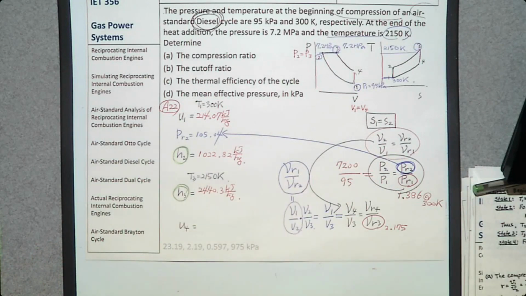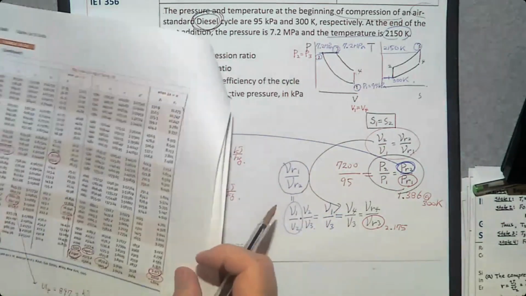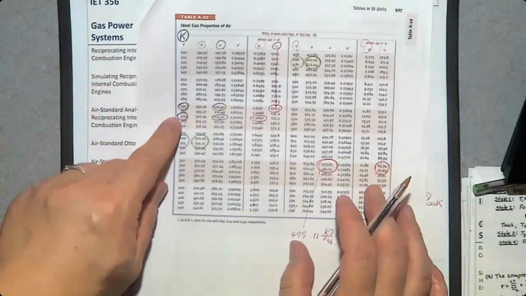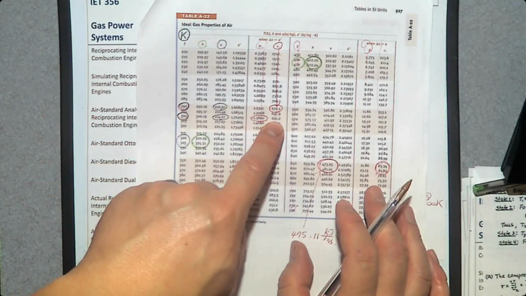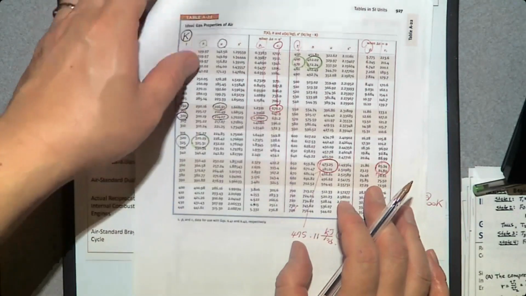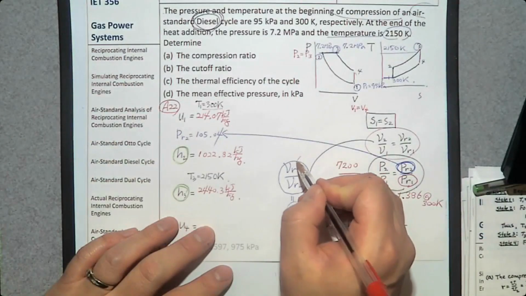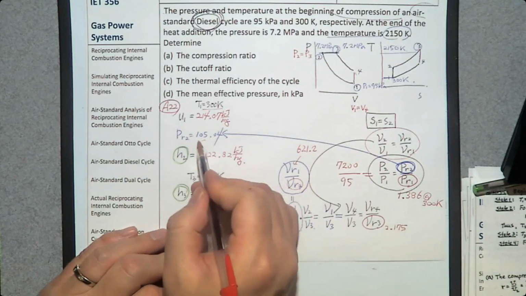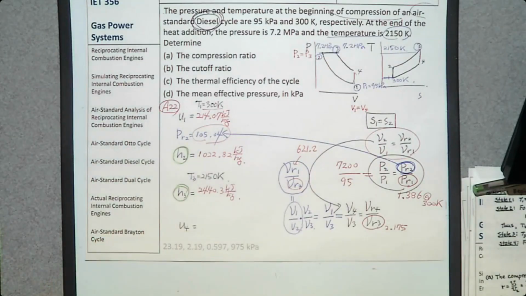So VR1 first. Temperature is 300 Kelvin. So let's go to 300 Kelvin. Here, VR1 is going to be 621.2. VR2 can be found from this PR2. So where is PR2?